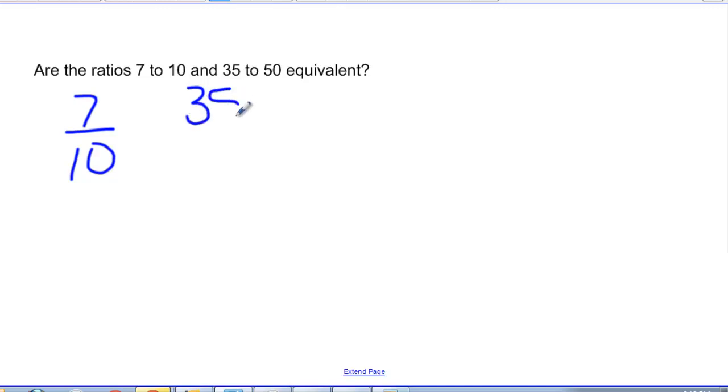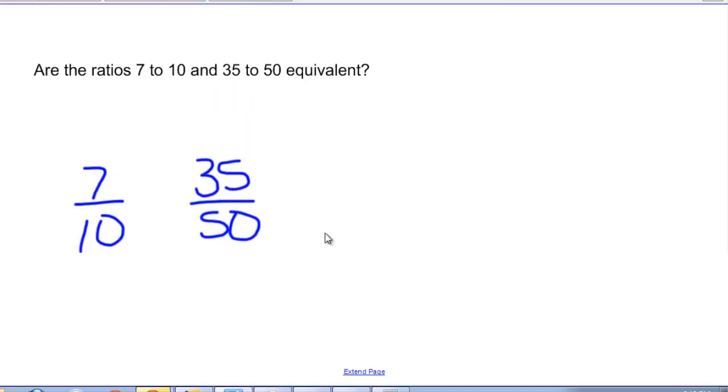So if I have two ratios and I write them as fractions right next to each other, one thing that I can do to compare two ratios is to multiply the diagonals, the numbers that are diagonal from each other. So I could multiply those two numbers together, and I could multiply those two numbers together. It turns out that with fractions and with ratios, if you multiply diagonally like that and you get the same number, then those two things are equivalent to each other.